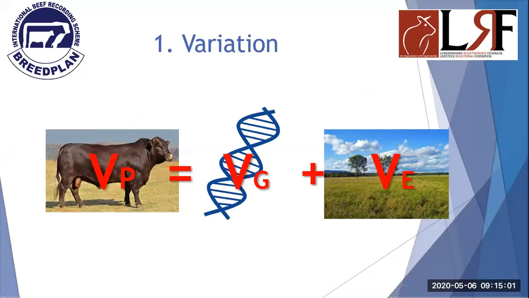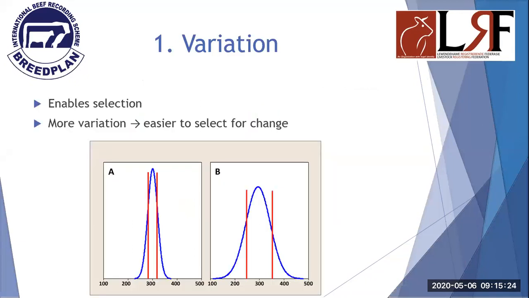So again, the variation that we see in the population is due to the genetic variation that exists within the population and due to the environmental variations, so differences in feeds, sickness, etc., that affected the performance of the animal.